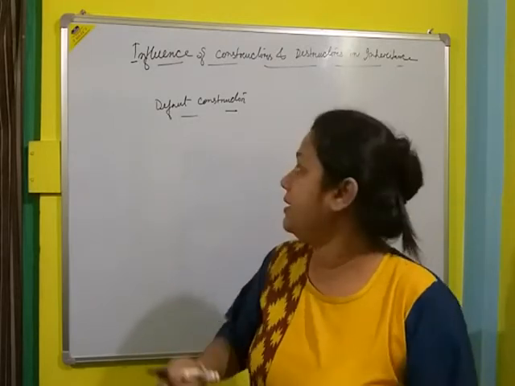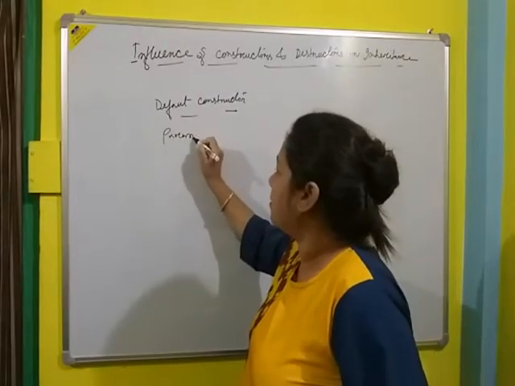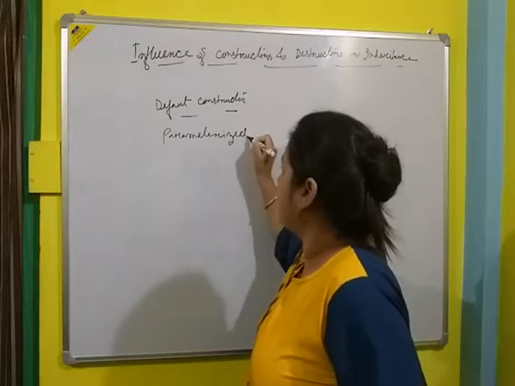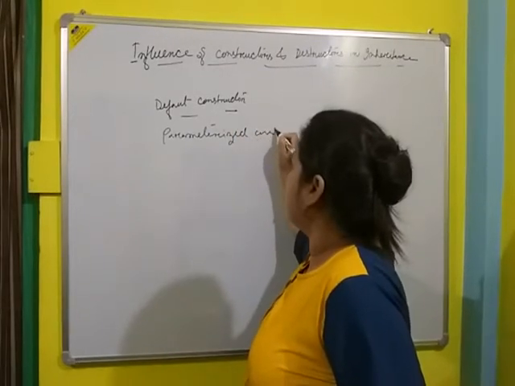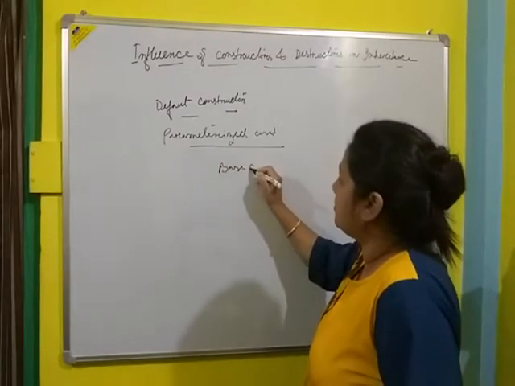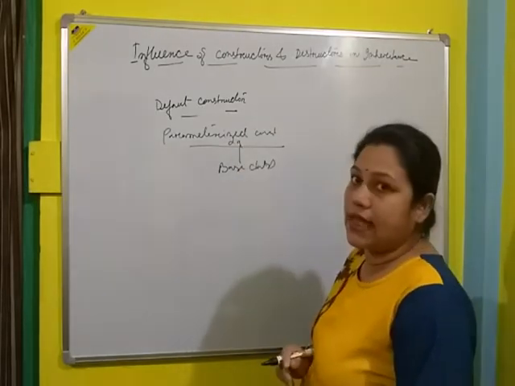Okay, now in case of a parameterized constructor, what will happen if the base class contains the parameterized constructor?